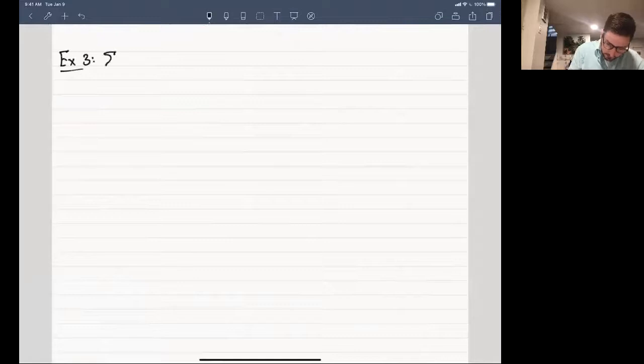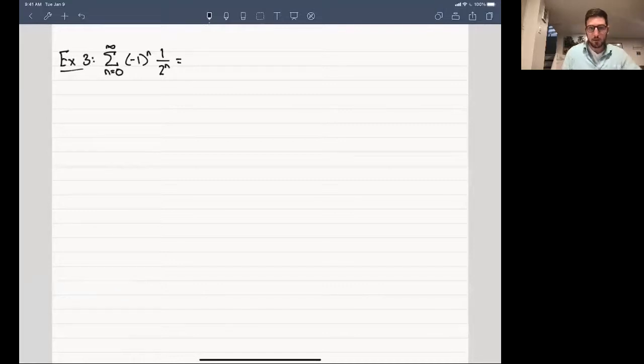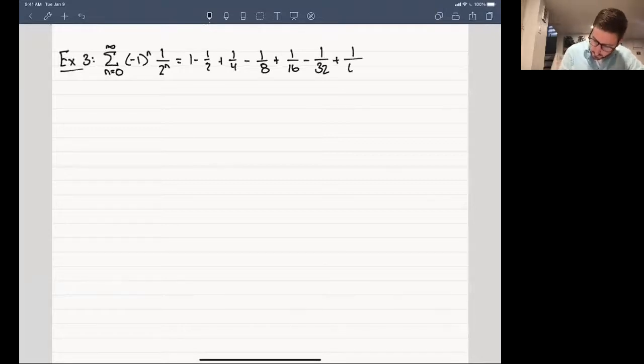Okay, let's do the sum. Let's start from 0 to infinity, minus 1 to the n, 1 over 2 to the n. This is the same as saying 1 minus a half plus a quarter minus an eighth plus a 16th minus, I'm gonna write up a lot of terms here so we have something to visualize while we're talking about this. 1 over 64 minus 1 over 128 plus 1 over 256, and that's good enough.